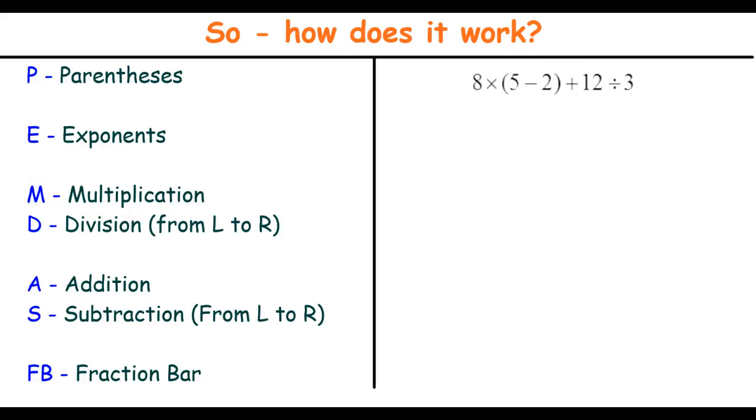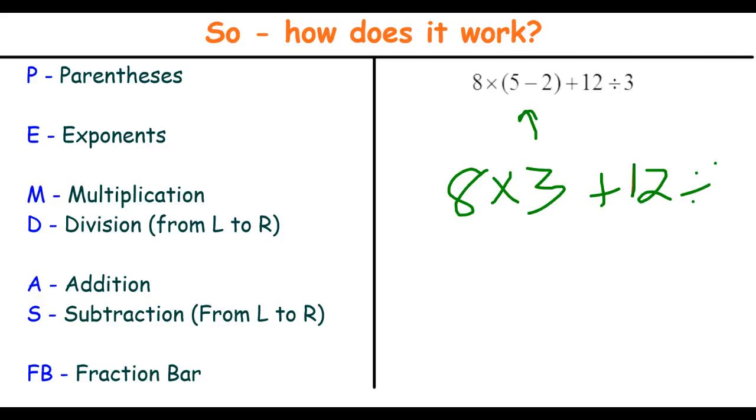Let's take a look at it in a slightly more complicated scenario here. Here are the order of operations, again, following from top to bottom, from parentheses down to fraction bar. We still don't have any fraction bars. The first thing we would see is the parentheses. And the parentheses are setting aside the 5 minus 2 and saying this is a unique thing to itself, so we need to take care of that first. That's 8 times 3 plus 12 divided by 3.